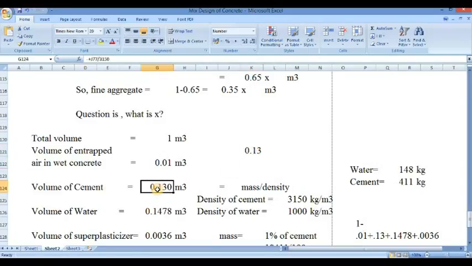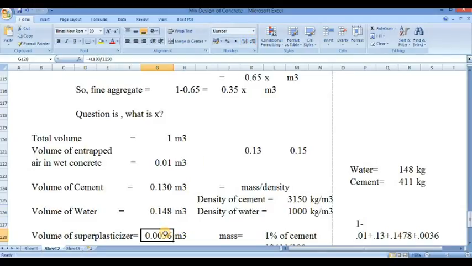The volume of cement is 0.13 meter cube. Similarly, the volume of water: water content is 148 kg, divided by the density of water, 1000 kg per meter cube, so you get 0.148.